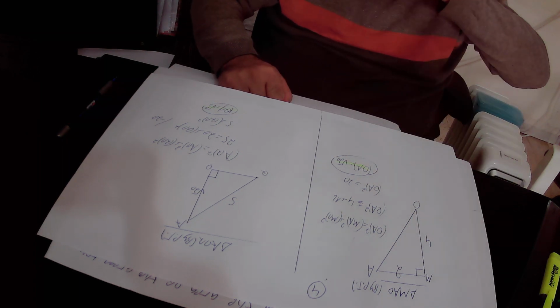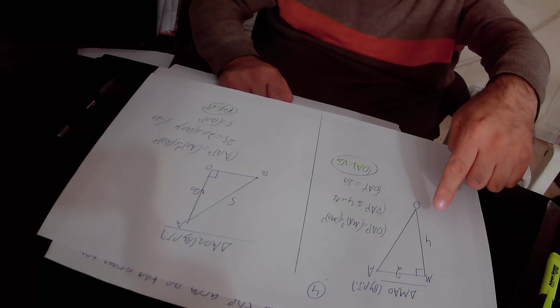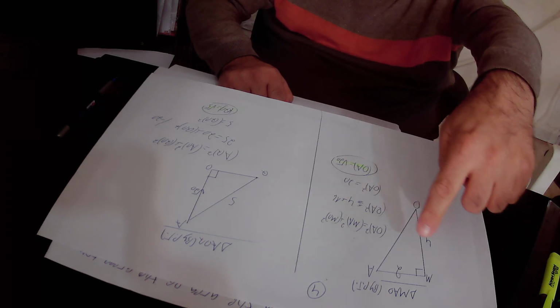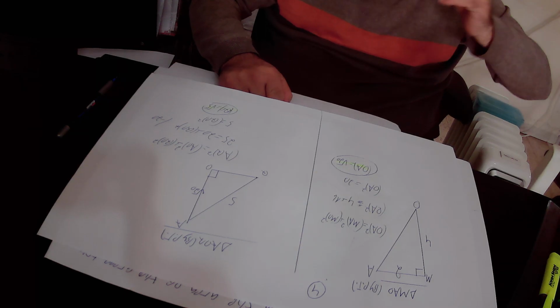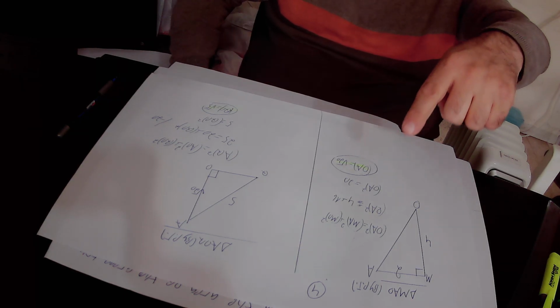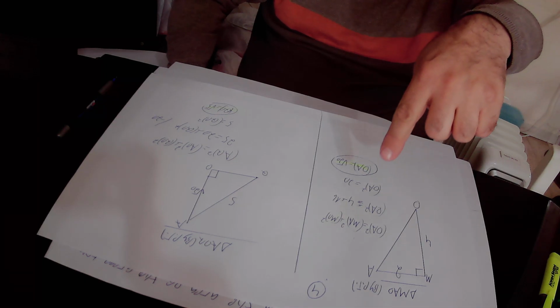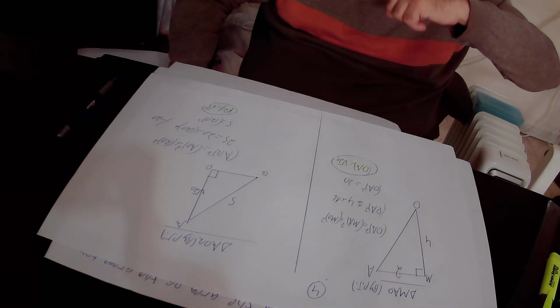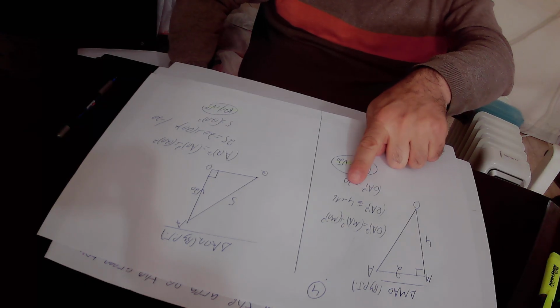This is the right triangle AMO that I copied from the original drawing. MO equals 4 units, AM equals 2 units. Now we implement here the Pythagoras theorem. According to the Pythagoras theorem, AO square equals MA square plus MO square.